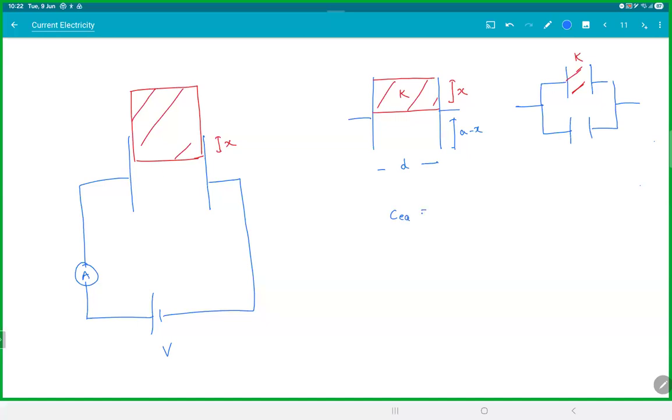So C equivalent will be, if you see, this is the area there.